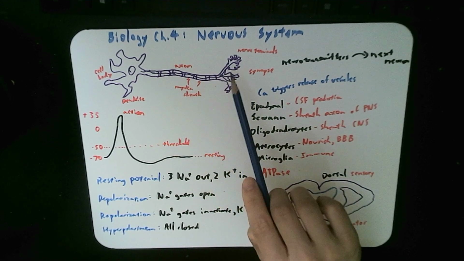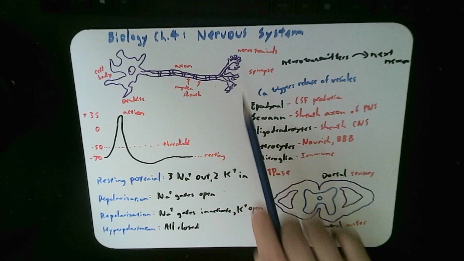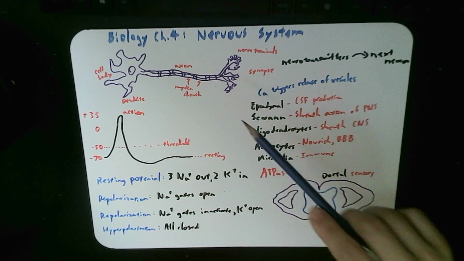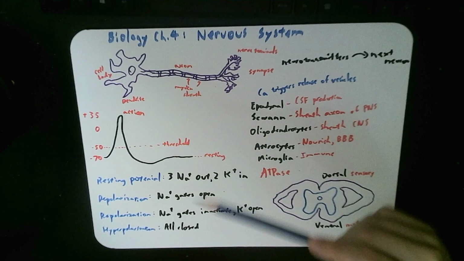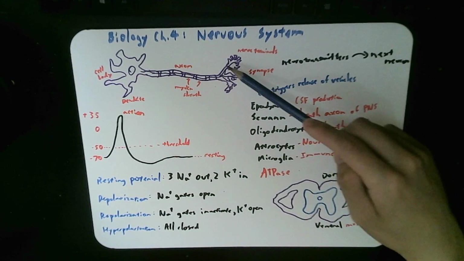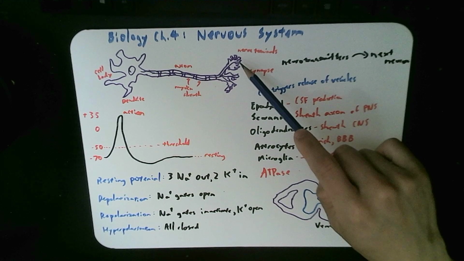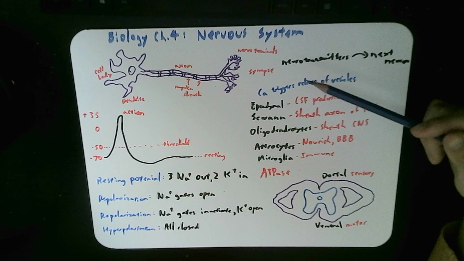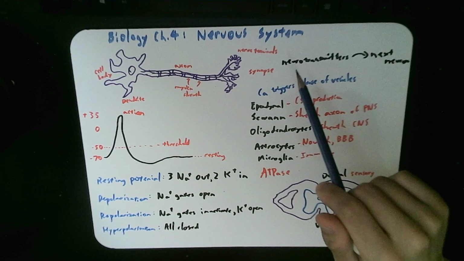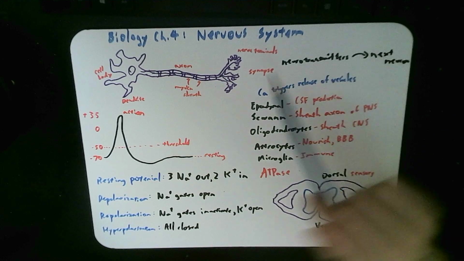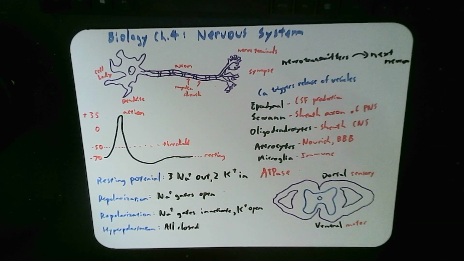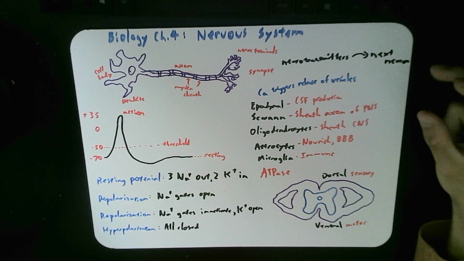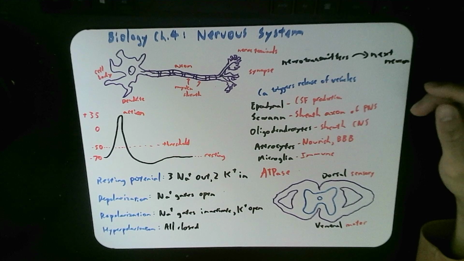Then, when information hits down here, it will trigger calcium receptors to allow calcium binding, and it will trigger the release of the vesicles towards the membrane, and they'll get released outside and exocytose the neurotransmitters, which will then either bind to the next neuron and make it excited by binding onto the receptors, or inhibit it, such as GABA action.